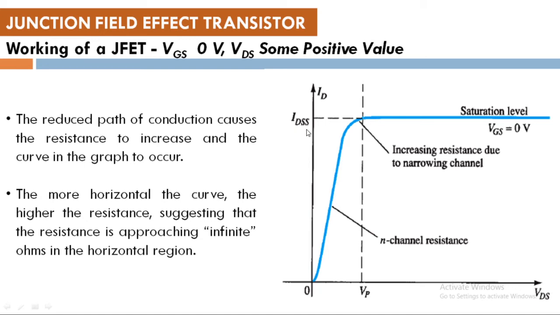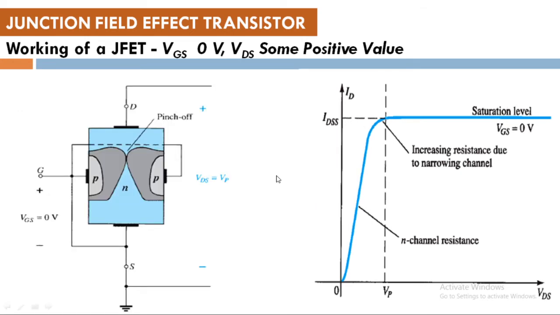IDSS is nothing but current flowing from drain to source in the saturated level. So every manufacturer of junction field effect transistor will provide IDSS in the data sheet.